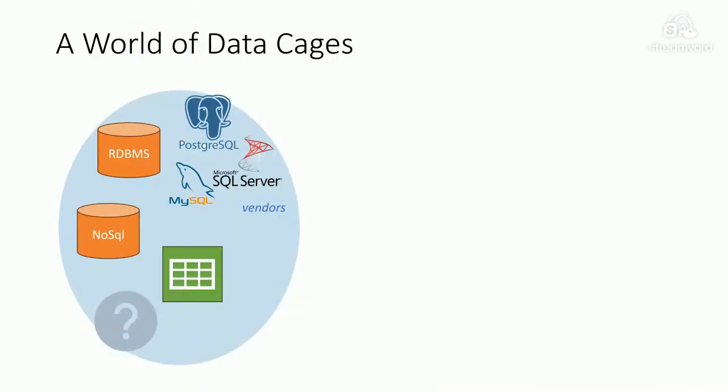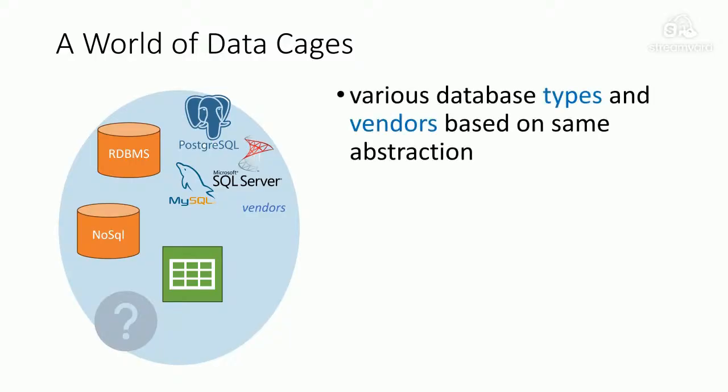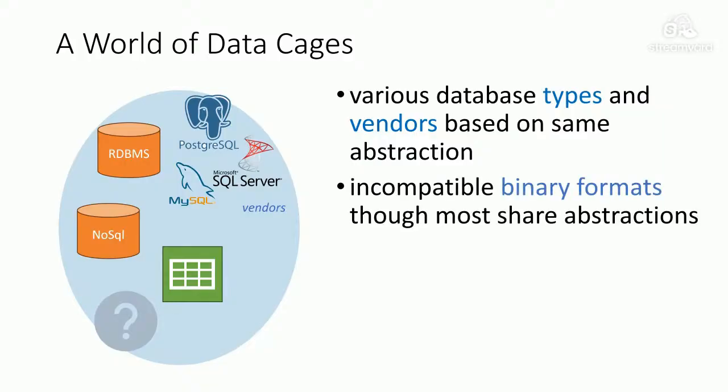Of course, there are a lot of database types and implementations to be used here. Most of these types share a common abstraction, but each implementation is independent, and digital formats are not compatible, so they can't be directly exchanged. We can convert one into another, but this can be either trivial or very complex according to the scenarios.